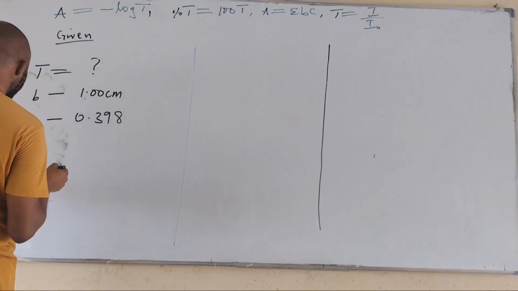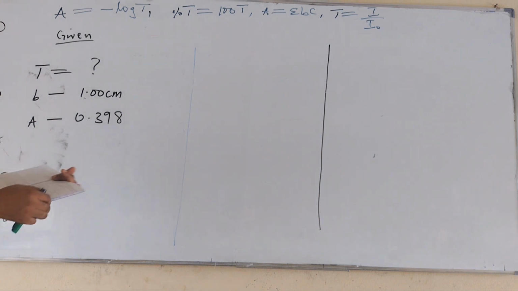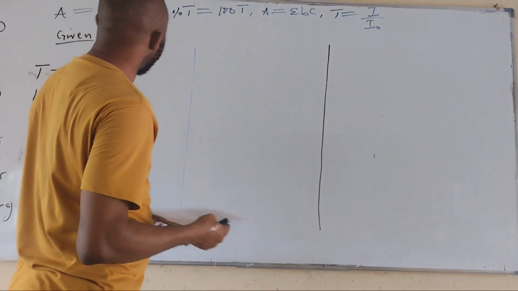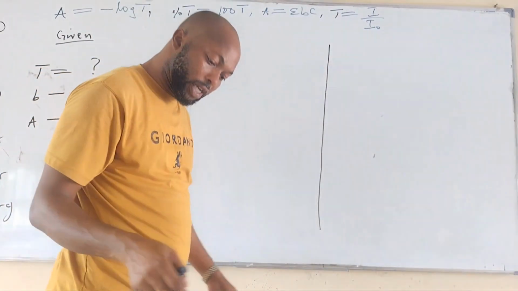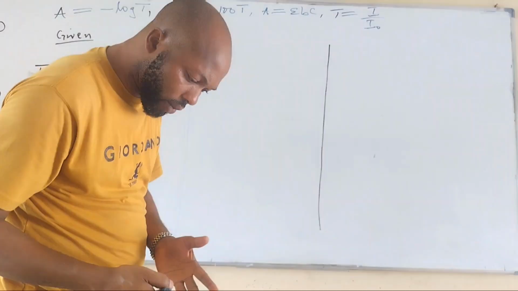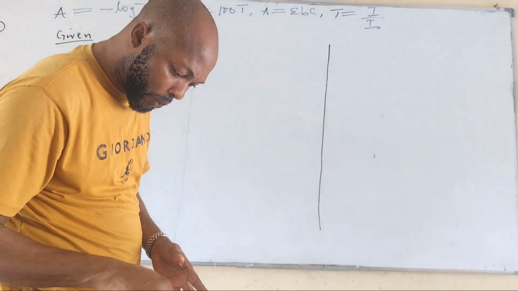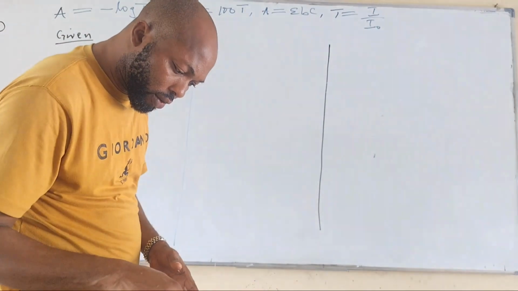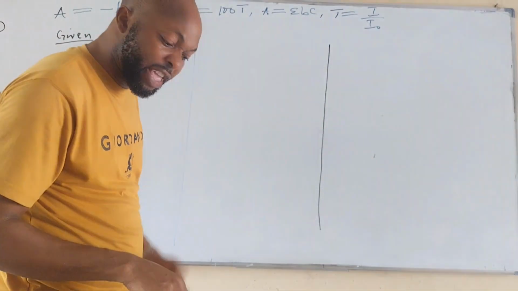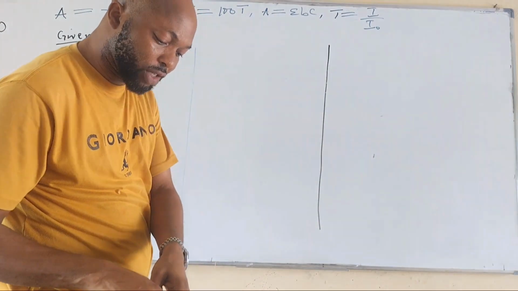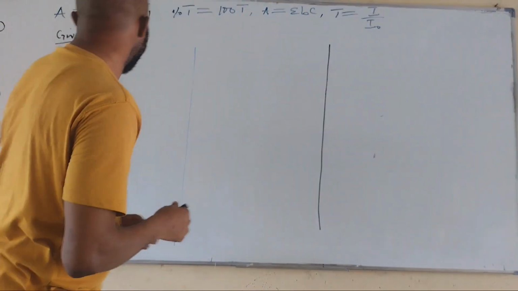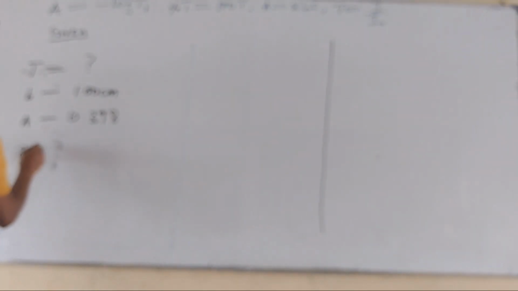It also asks, what additional information, if any, will you need to calculate the molar absorptivity of this analyte? So after we're done calculating our transmittance, what additional information do we need to calculate this?